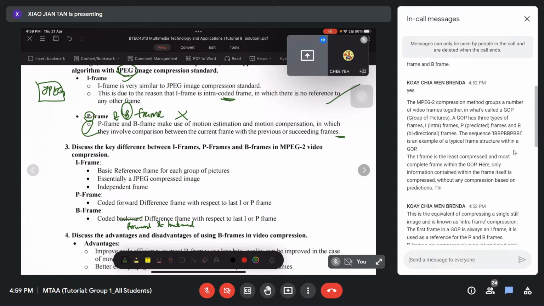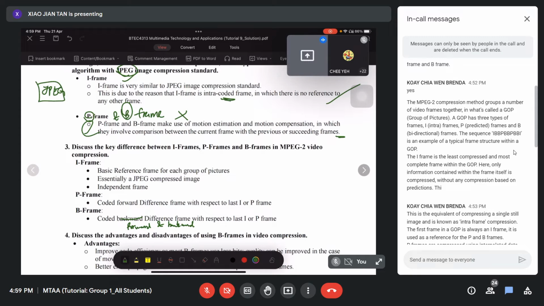Disadvantage: the frame reconstruction memory buffer in the encoder and decoder must be double in size to accommodate the two anchor frames. Okay, I think this one is in the lecture notes as well. So if you have a lot of B frames and P frames in your video, it might require longer buffer time.